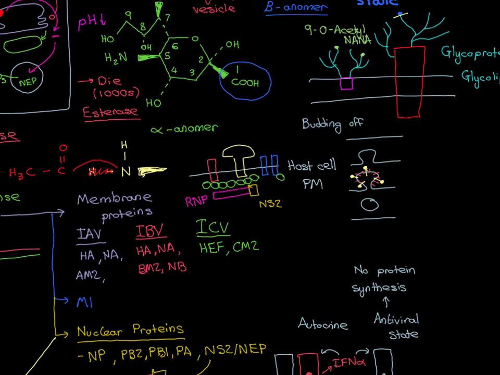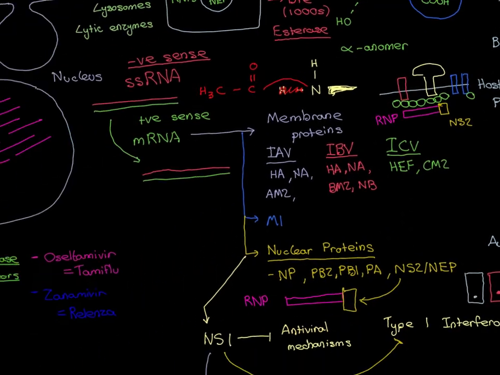So it hugely reduces the amount of viruses that we're going to be producing, and that means that the immune response has much more of a chance of actually eradicating the virus. These drugs will not destroy the viruses, they slow the viral progression down hugely, and they give the immune response a chance to actually annihilate the virus from the respiratory tract.